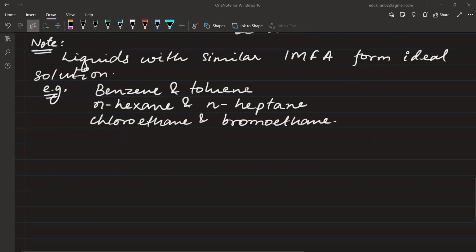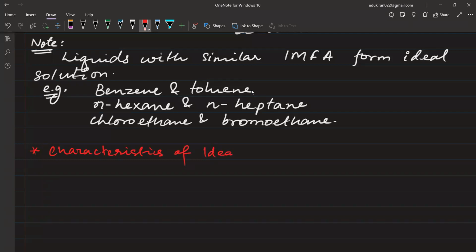Next, let us see. What are the characteristics of an ideal solution? It is very easy. Everyone will think logically. Characteristics of ideal solution. Tell me.